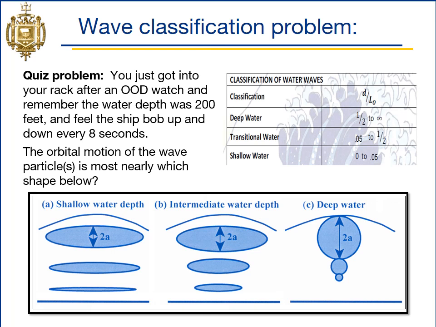And I can tell without even resorting to a calculator, I know that 200 feet, the depth, divided by 328 feet is greater than 1/2, which puts me into the deep water category. So this is a deep water wave situation, so I would expect circular particle paths like this. I think the exact value that you get, d over L naught, is 0.61 for this case.